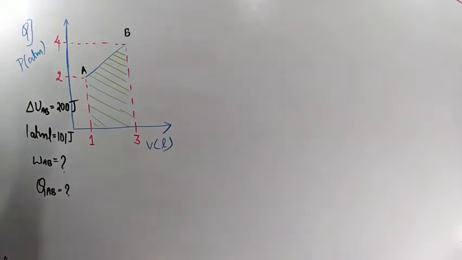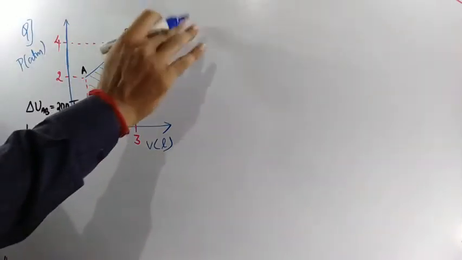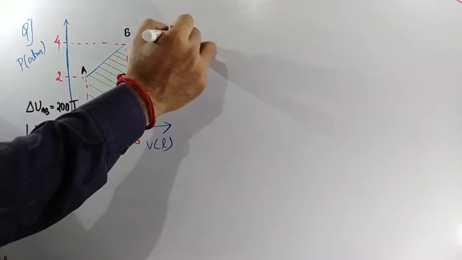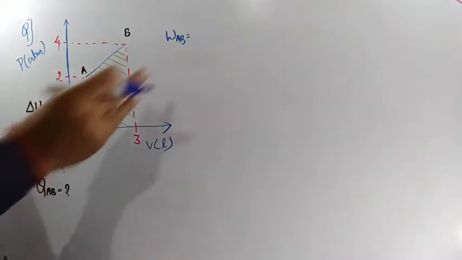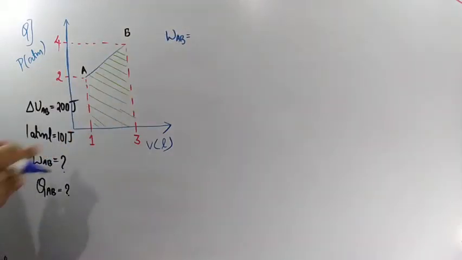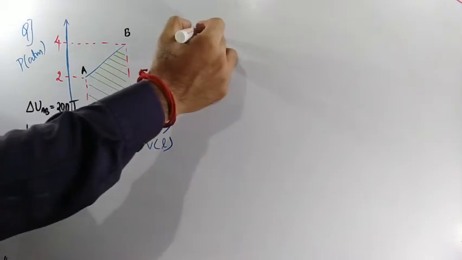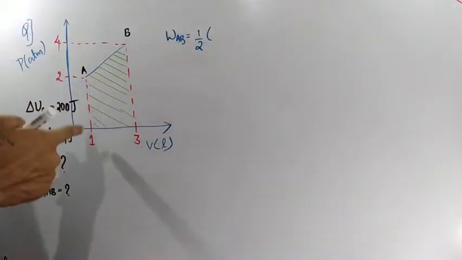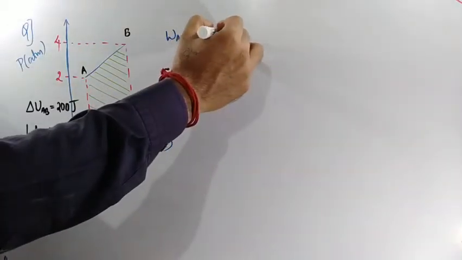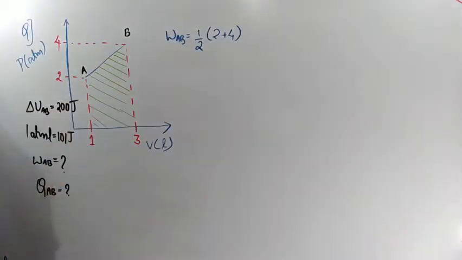So work done in the process AB is nothing but area of trapezium, which is half into sum of parallel sides into width. These two are parallel lines, 2 and 4. So 2 plus 4.